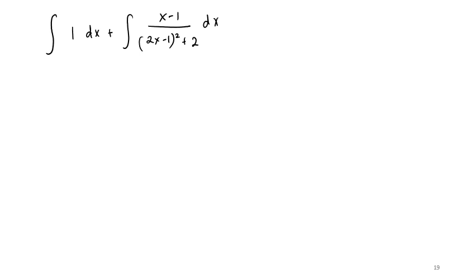So here we said that we want to let u equal to 2x minus 1, thus du equals 2 dx, and dx thus is du over 2. And since we have the numerator here as x minus 1, from here you can get x equals u plus 1 over 2.